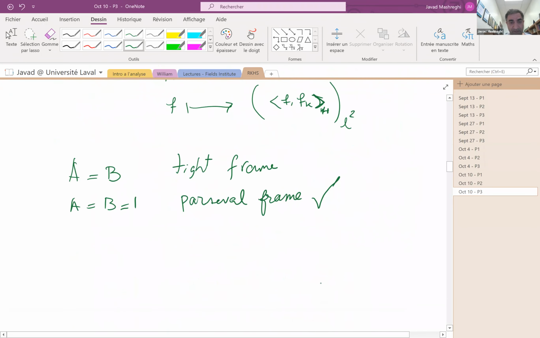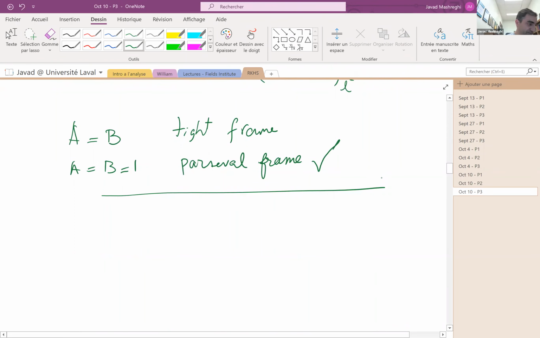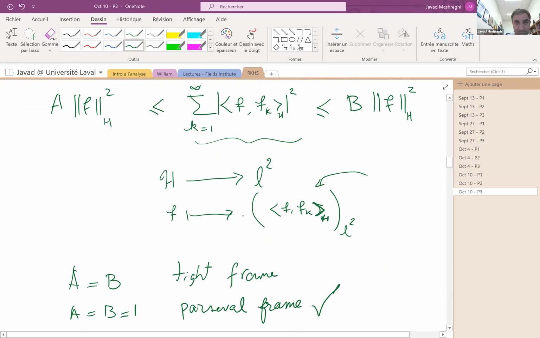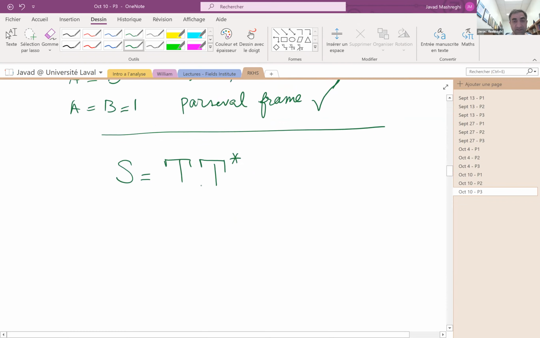In the case of frames, they show that the operator S equal to T star T, where T is the operator I mentioned from H to L2, which maps an element into its coefficients in L2. They show that this operator is invertible. And then we have this representation.